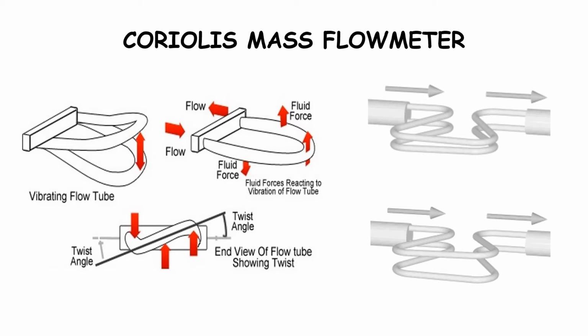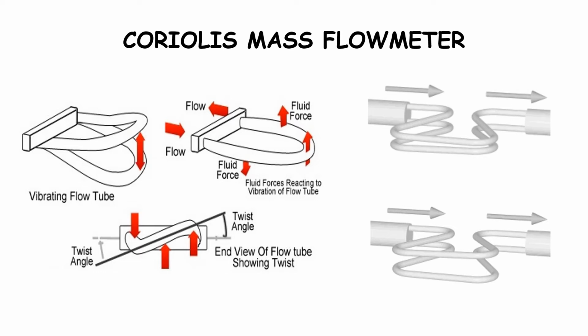For example, when the tube is moving upward during the first half of the cycle, the fluid flowing into the meter resists being forced up by pushing down on the tube. On the opposite side, the liquid flowing out of the meter resists having its vertical motion decreased by pushing up on the tube, as shown in the title.